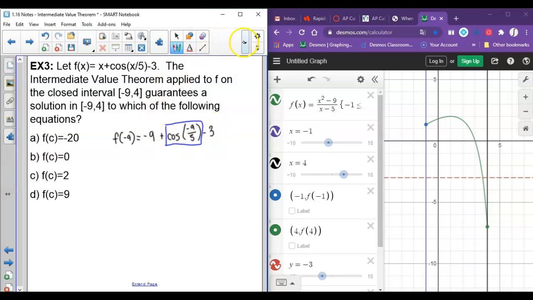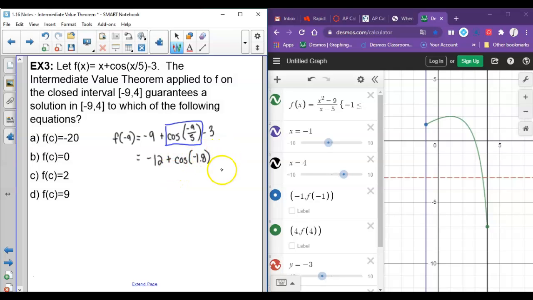So here, I know I've got -12, if I combine my -9 and my -3, plus cosine of, this would be -1.8 if you want to think of it in decimal form there. So the lowest this could possibly be would be -13.